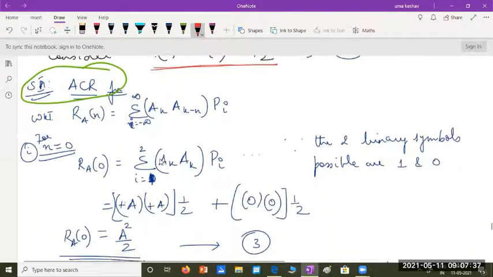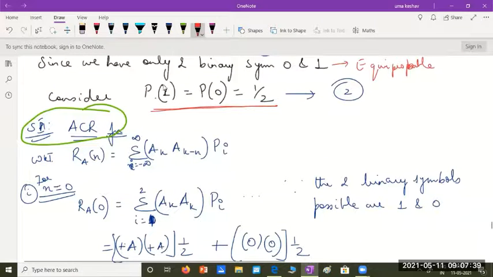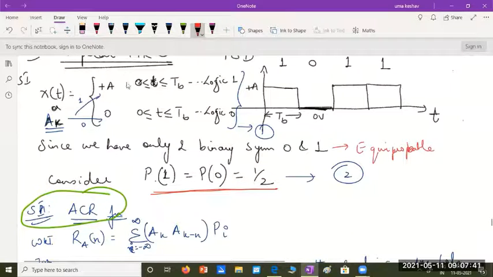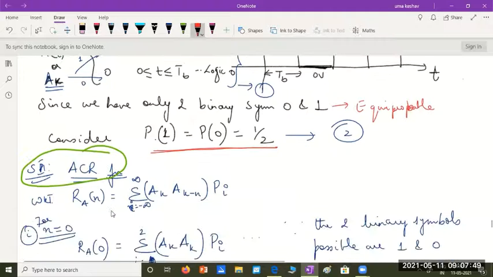Now this is the initial thing, finding AK and finding the probability Pi. The next thing is to find the autocorrelation function. To find the autocorrelation function, we know we should use this relation, product of AK into AK minus n into Pi.